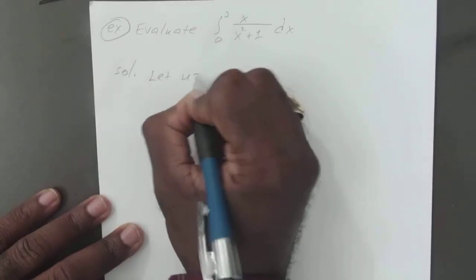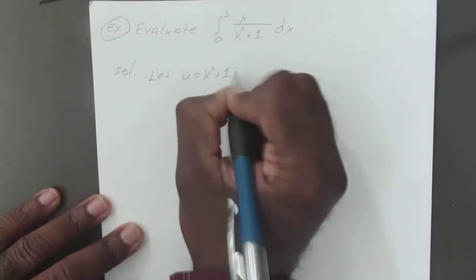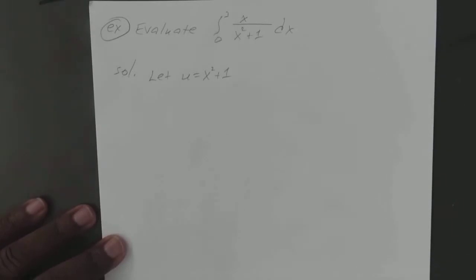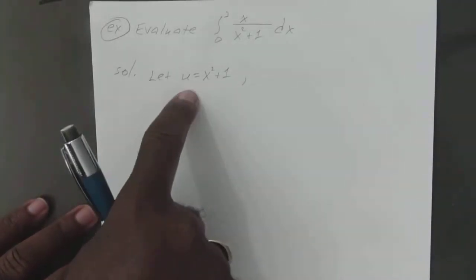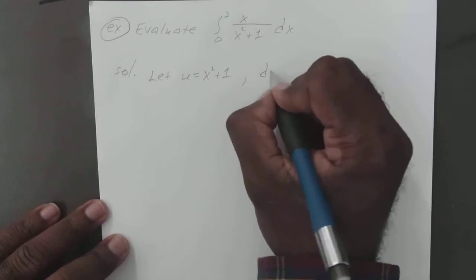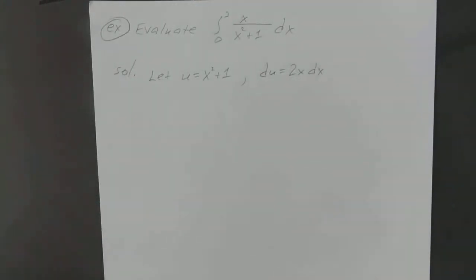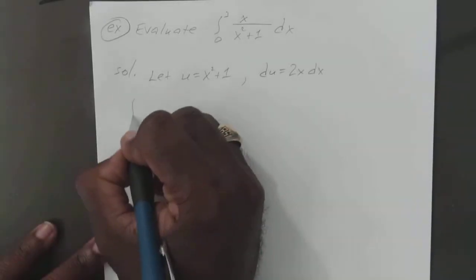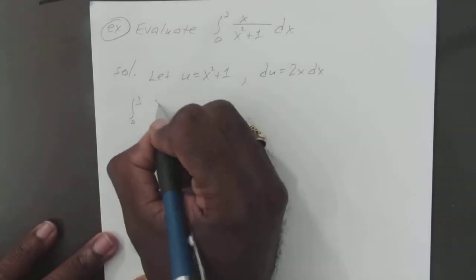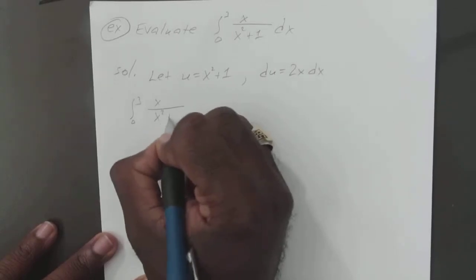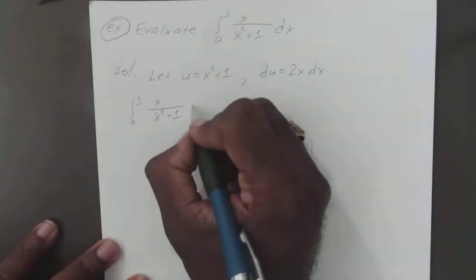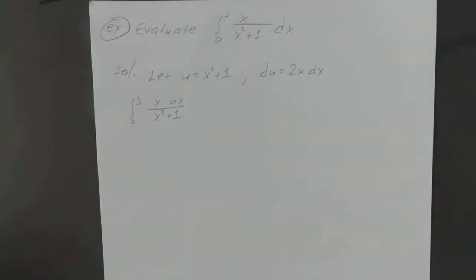Okay. So first, if we let u equal x squared plus 1, then the derivative of u with respect to x would be 2x, or du equals 2x dx. So that gives us our u and our du. So if you go to the integral from 0 to 3 of x over x squared plus 1, and if you want, you can put the dx up there.